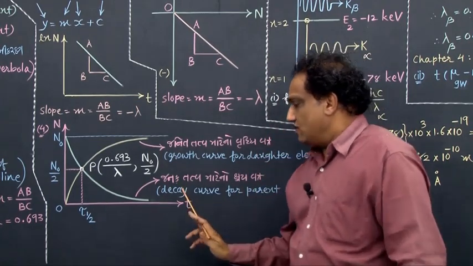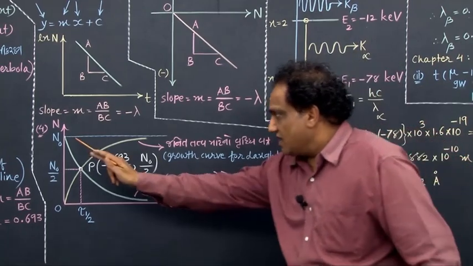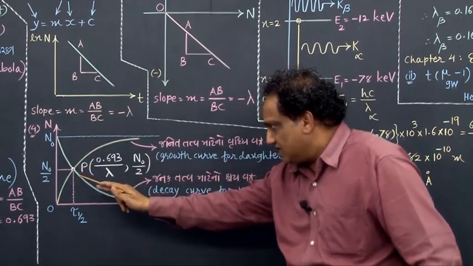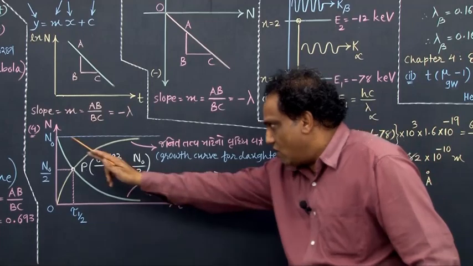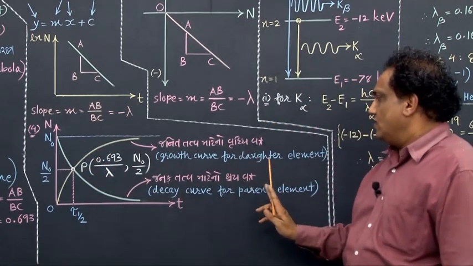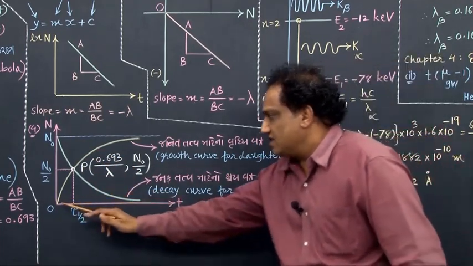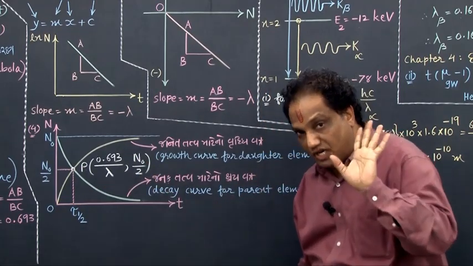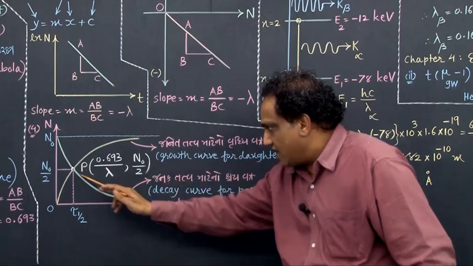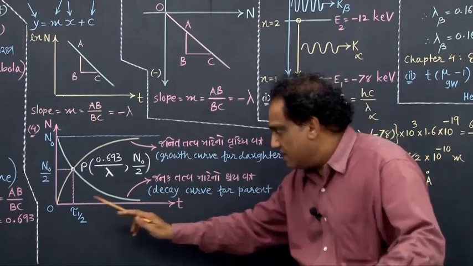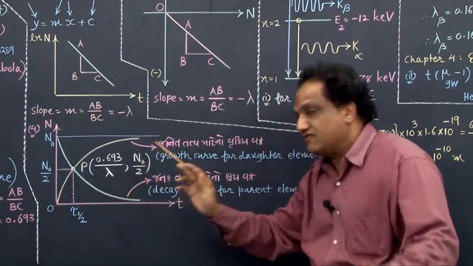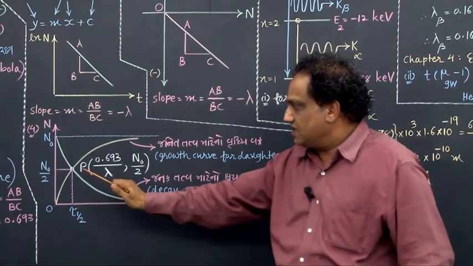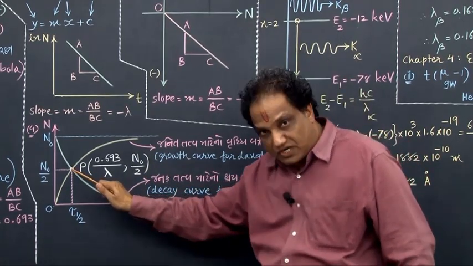Then for the parent element you will get a decay curve like this, which is also an exponential curve, and for the daughter element you will find such a growth curve, correct? Both of them are exponential curves. This is called the decay curve, it is for the parent element. This is called the growth curve, it is for the daughter element. And you can see they intersect at this very point.